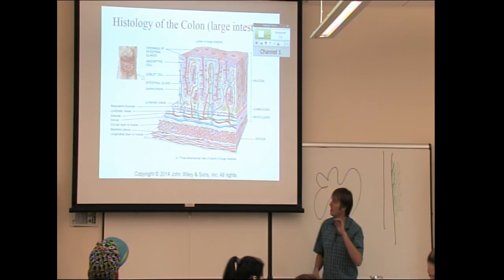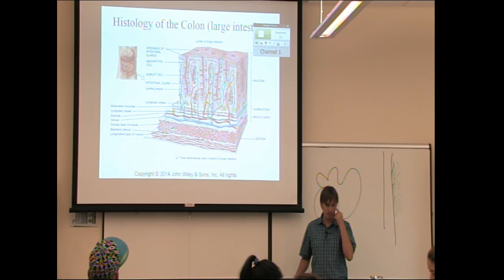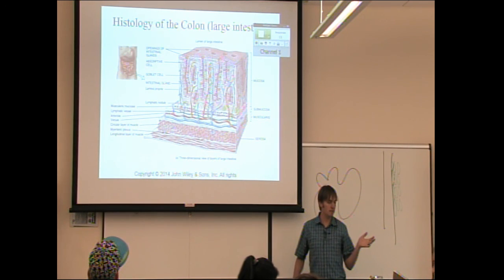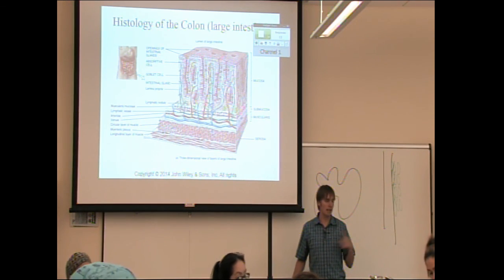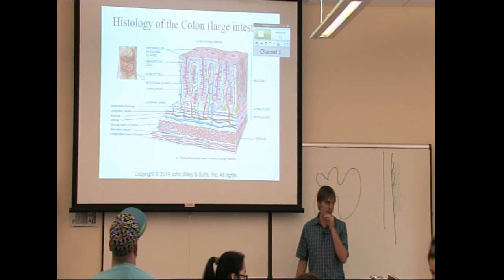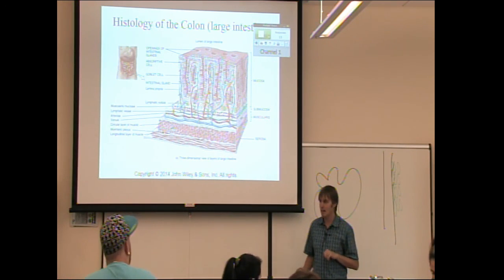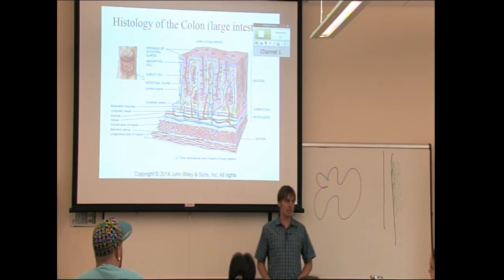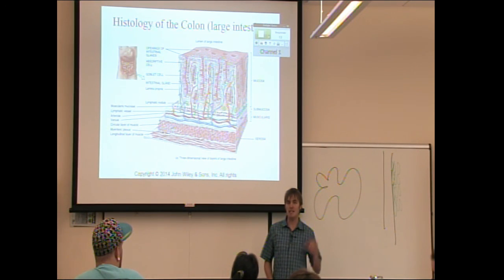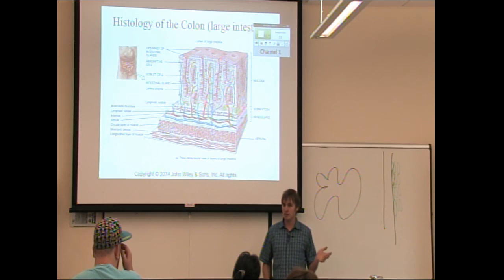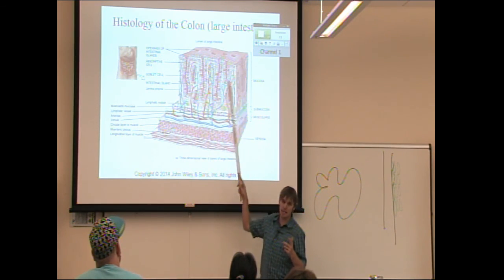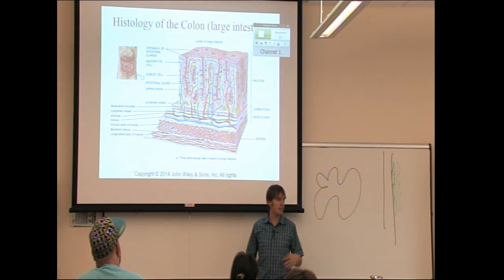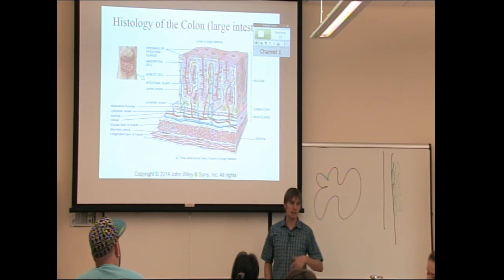The large intestine does look more like a hollow tube. The main digestion that's happening is bacteria or other microbes breaking down what the small intestine couldn't digest. So we have a nice symbiotic relationship because we don't have all the enzymes we need to break down everything in food, but bacteria do. So anything that's not broken down, bacteria can break it down, they get energy from it, and then we get some of the byproducts, like smaller molecules that we can absorb.